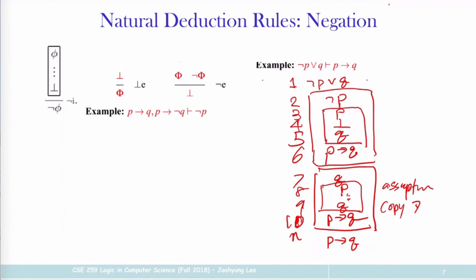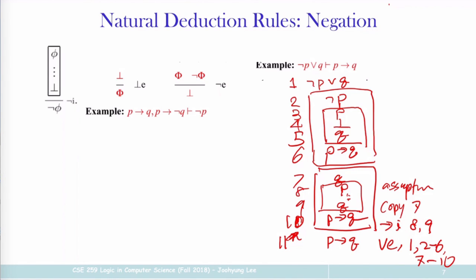We can get P implies Q from implication introduction to line 8 and 9. And 11, we get P implies Q by disjunction elimination, line 1, 2 to 6, and 7 to 10. Okay? Are we together?